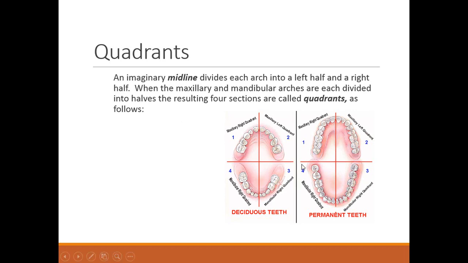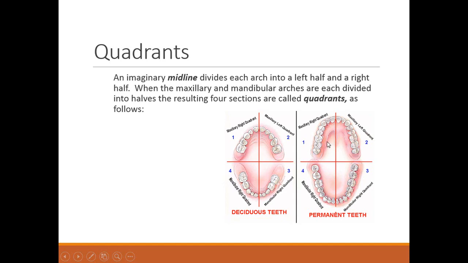So our first quadrant, quadrant 1, is our maxillary right quadrant. This is on a primary or deciduous teeth chart, and then the maxillary left quadrant is quadrant number 2. The mandibular left quadrant, this says right, but that's incorrect, is quadrant 3, and then the mandibular right quadrant is quadrant 4.